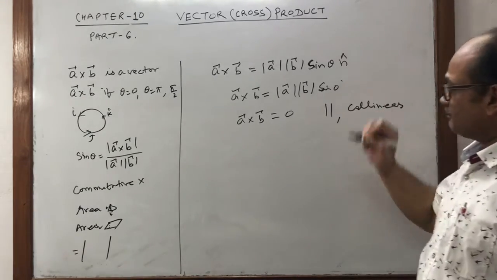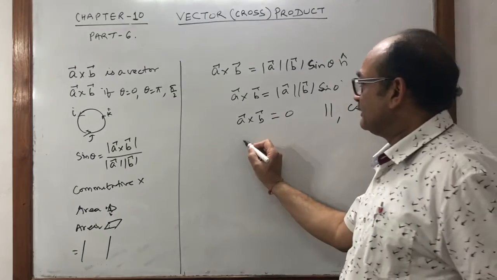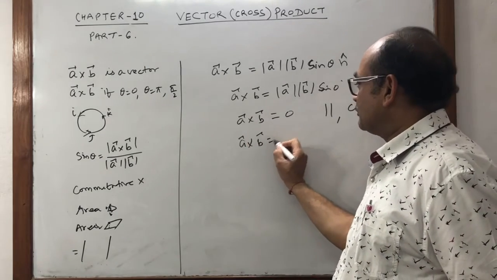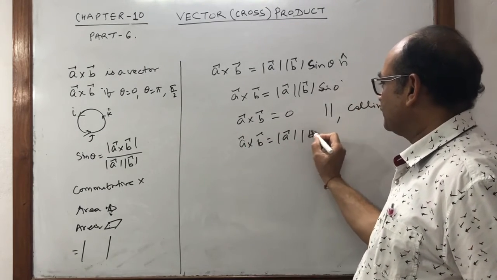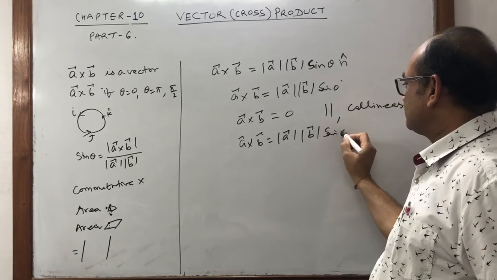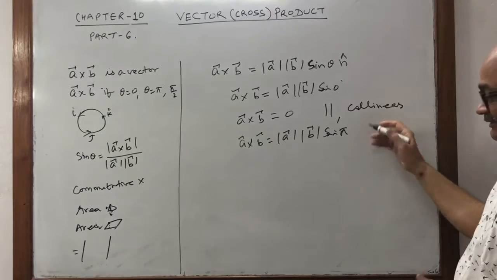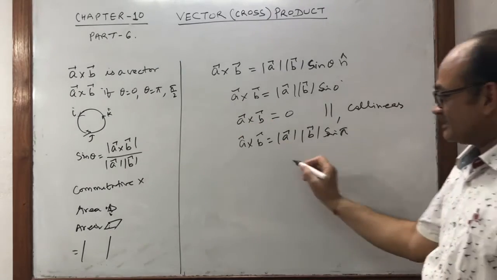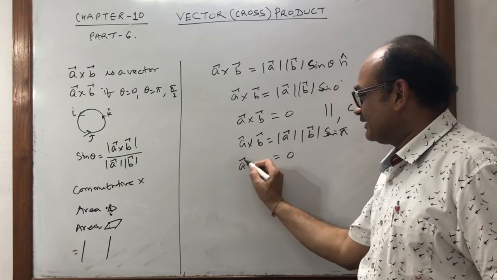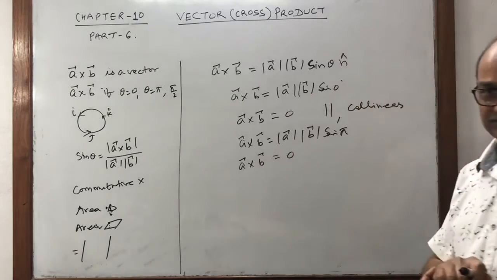सपोज थीटा इज पाई, देन A cross B equals magnitude A, magnitude B, sine pi. And sine pi is 0. That's why in this case again A cross B is 0.